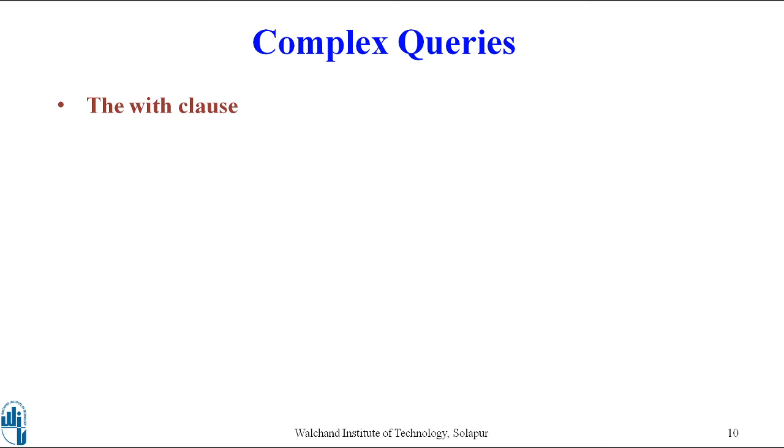Complex queries are much easier to write and to understand if we structure them by breaking them into smaller views that we then combine, just as we structure a program by breaking its tasks into procedures. Now consider the with clause.